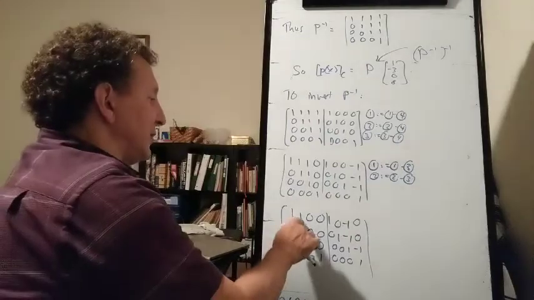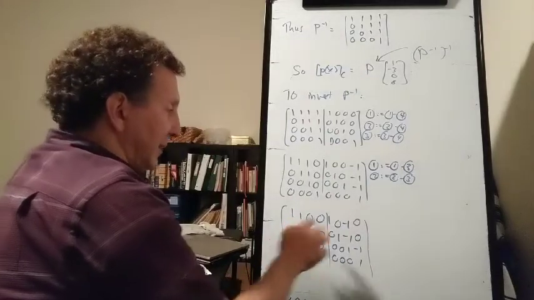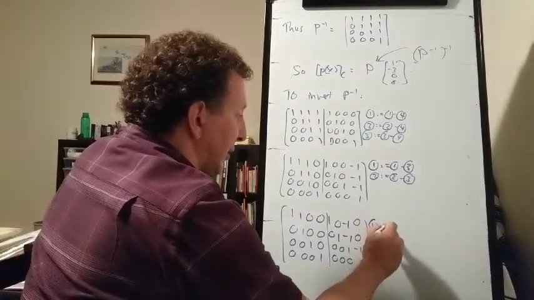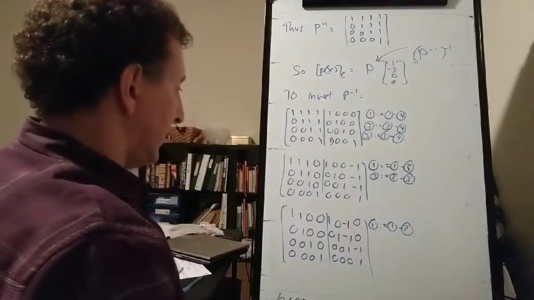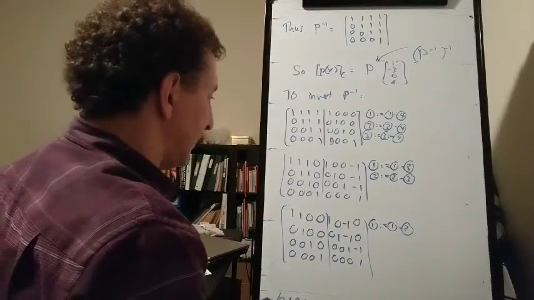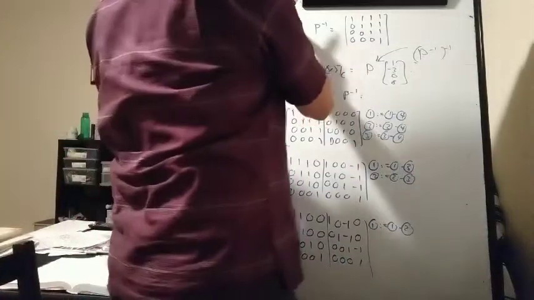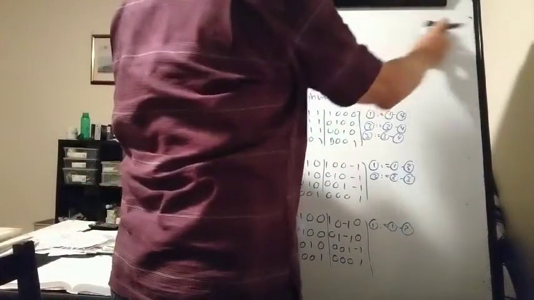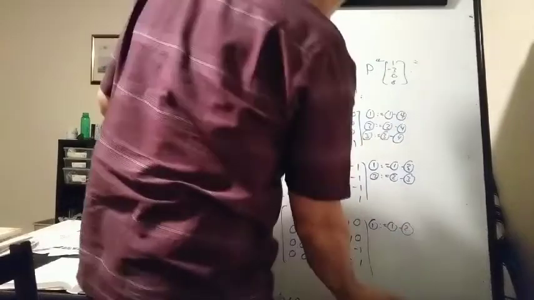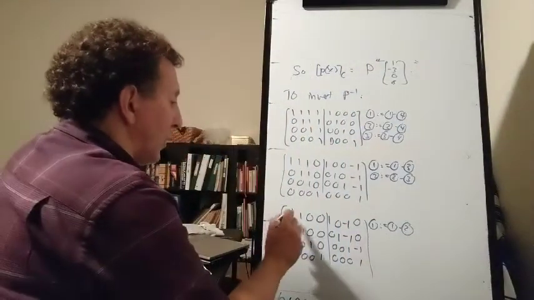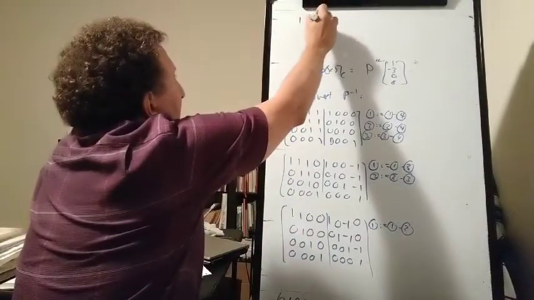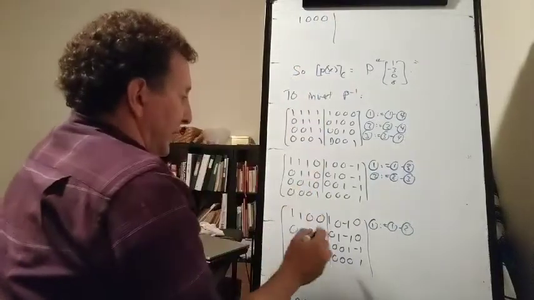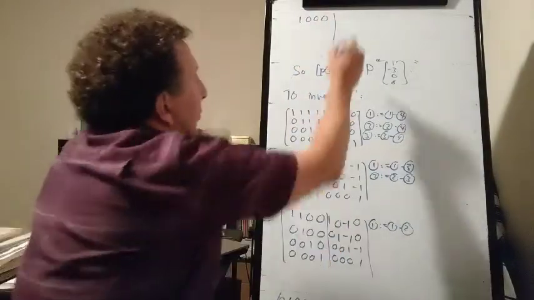Now we're almost done. We just need to get rid of this 1. And we can do that by taking first row becomes first row minus second row. And that gives us 1, 0, 0, 0. And over here 1, negative 1.